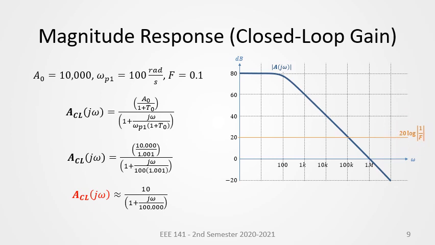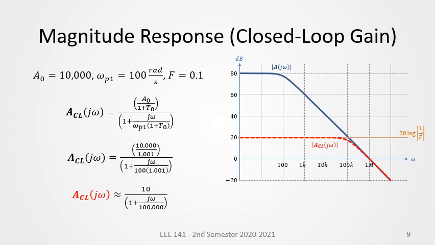We have also shown that for a single pole system, the closed loop gain will have a bandwidth that is 1 plus T naught times larger than the open loop bandwidth. Thus, the bandwidth of the closed loop system is at 100 radians per second, omega p1, times 1001, or roughly 100,000 radians per second.